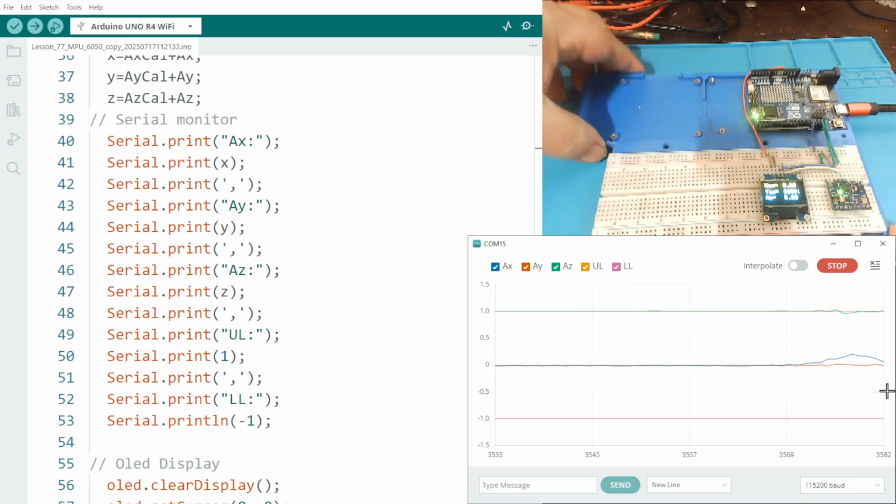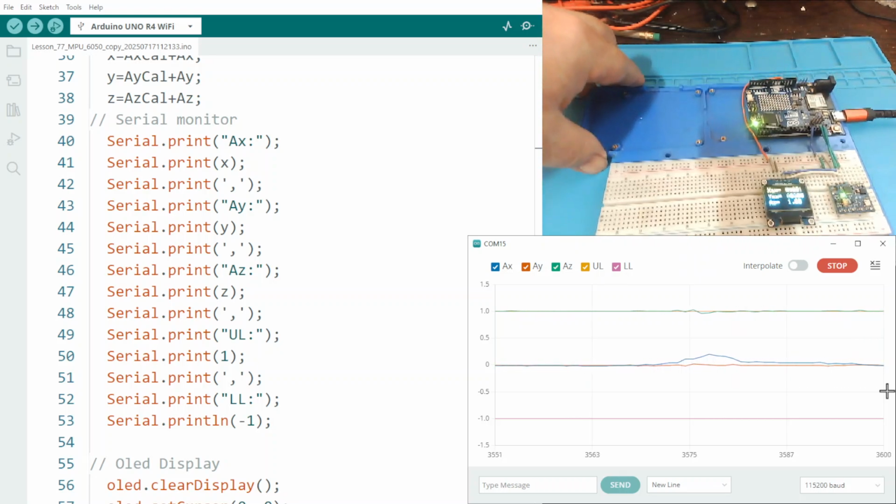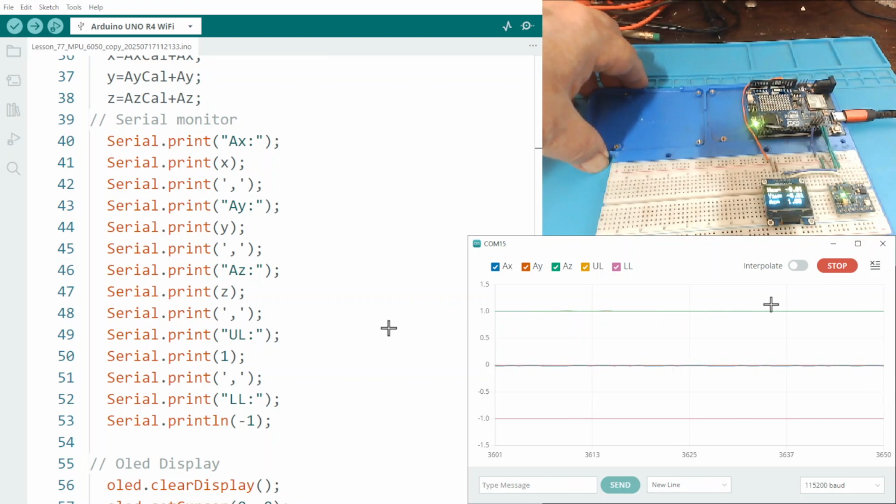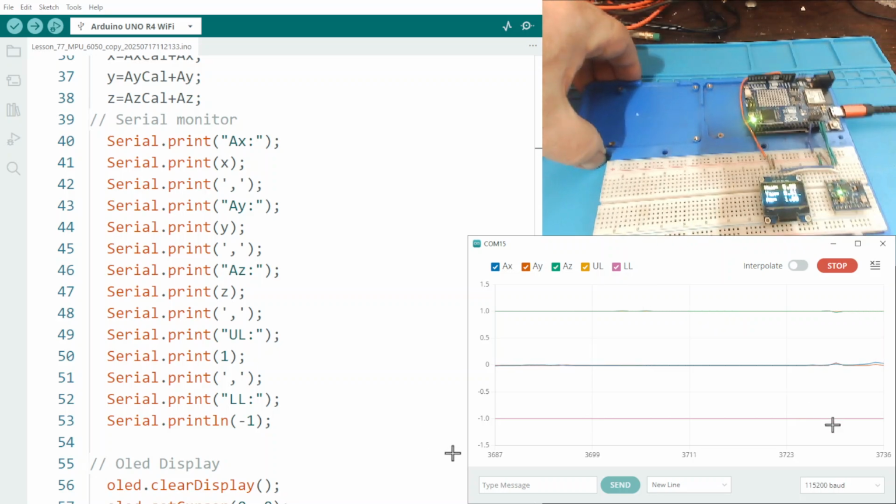So what I've got is AZ is 1, which is this one up here, and the other two, X and Y, are over top of each other because they're pretty close to 0.